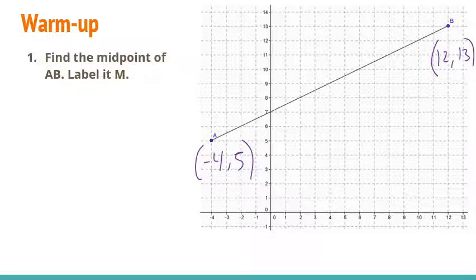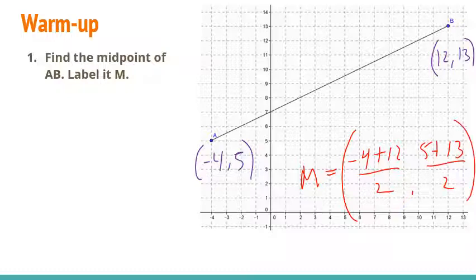So we could say M would be at -4 plus 12 divided by 2. That's adding the x coordinates and dividing by 2, and then 5 plus 13 divided by 2. If you simplify those out, you're going to get 8 over 2 and 18 over 2.